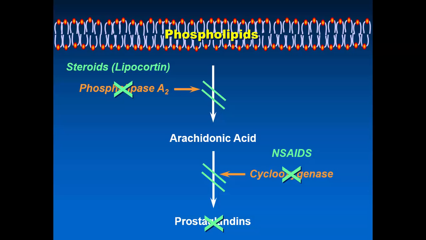Remember that in interventions, if there's tissue injury, steroids will block phospholipase A2, thereby blocking the formation of arachidonic acid and ultimately prostaglandins. Lower on this chain, non-steroidal anti-inflammatory drugs will block cyclooxygenase and again block the formation of prostaglandins. COX-2 inhibitors are even more specific.